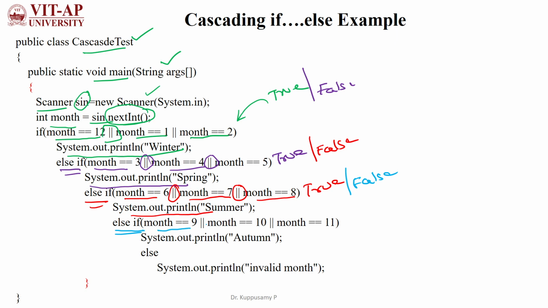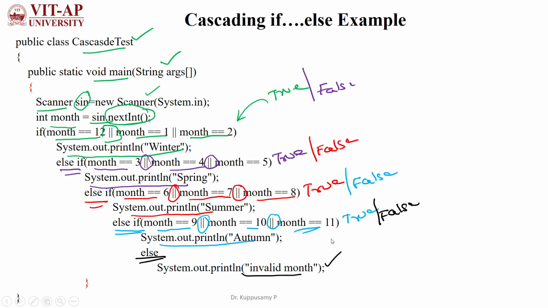Here month equal to 9, month equal to 10, or month equal to 11, if it is true, then this true block will execute, and the statement will be autumn. But if it is false, then the next else statement will come into the execution, so we will give invalid month. Okay, so this is the output.